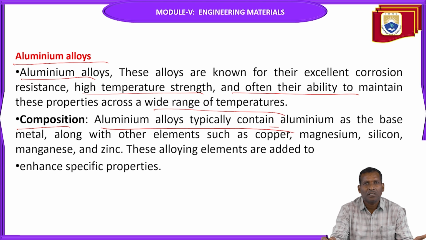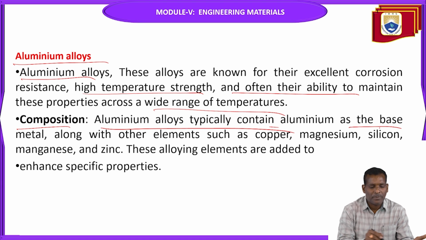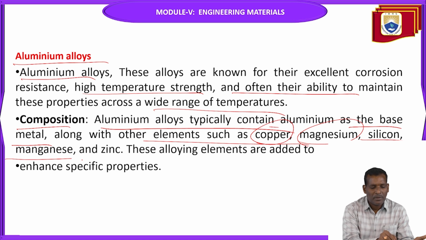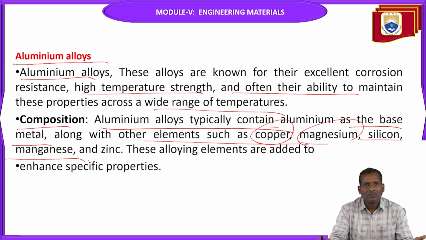Here, the aluminum alloys contain aluminum as the base metal along with other elements such as copper, magnesium, silicon, manganese, and zinc.